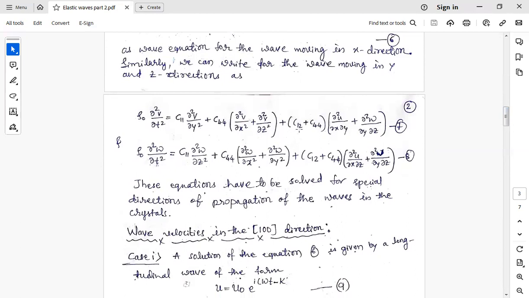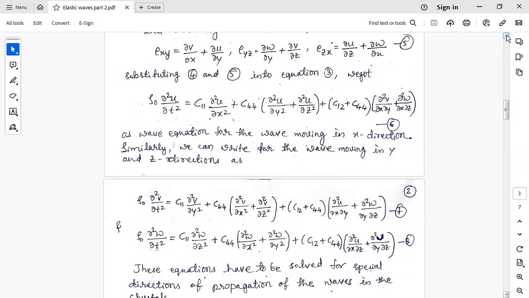Y direction means along the y axis, and z direction means along the z axis. In this way, we got 3 important wave equations, given by equation 6, equation 7, and equation 8.